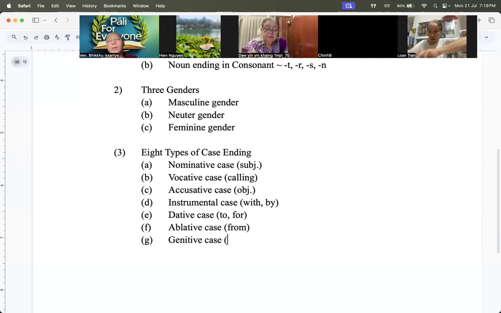Genitive case we use for the relationship between two things or a person and things or maybe two persons. For example, your son or your friend, like this. So our friend or my teacher. So in this way, your, mine, our, his, her, like that.